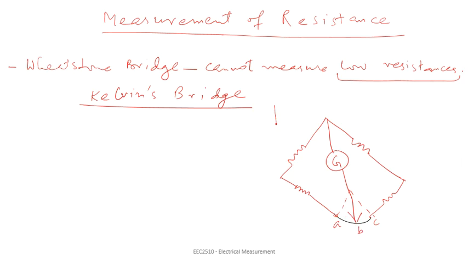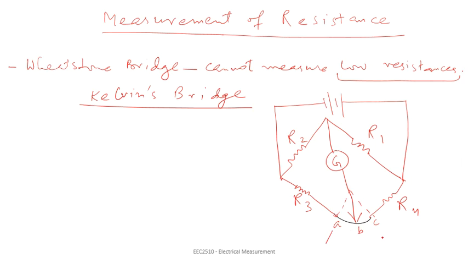Now let us connect a battery to it. This is R1, this is R2, this is R3, this is R4, this is the galvanometer.